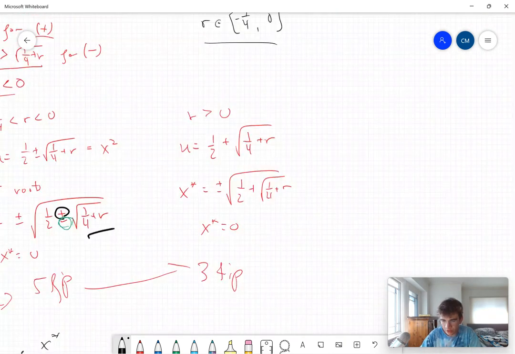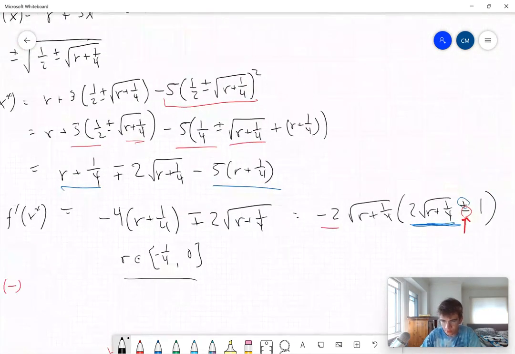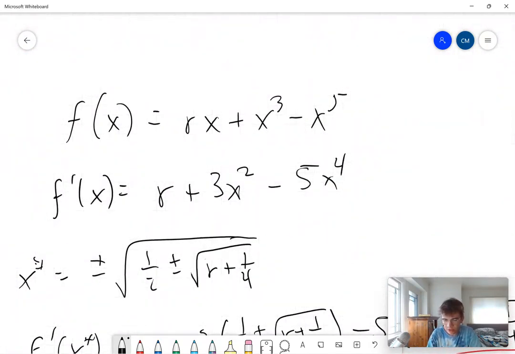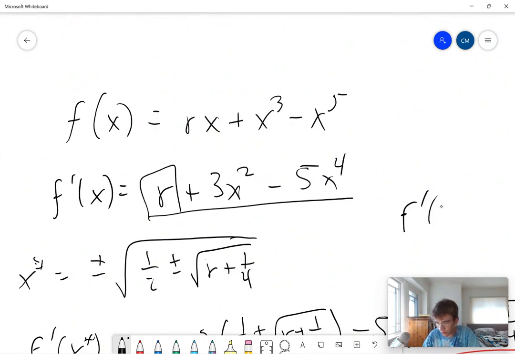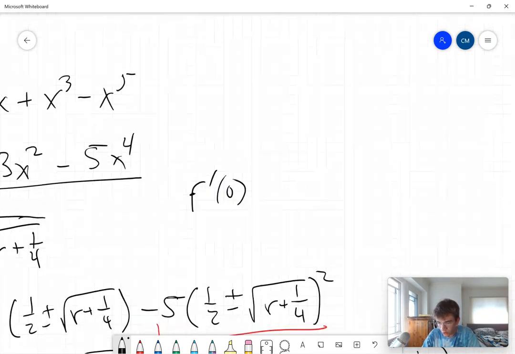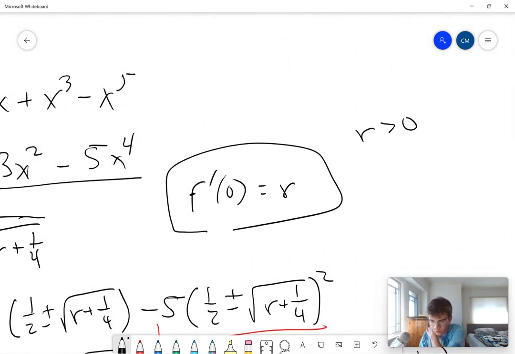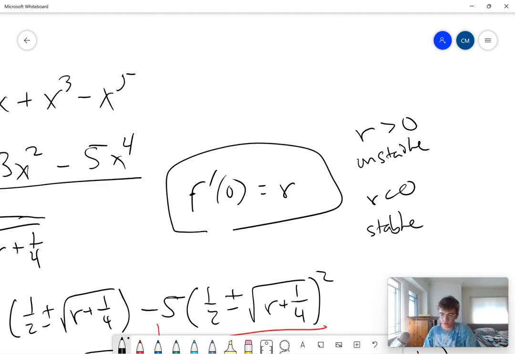We look at f prime of x. Let's find it. So we just look at f prime of x and we plug in x equals 0 here, and we just get r. So f prime of 0 is equal to r. And therefore, we have for r greater than 0, the origin is unstable. And when r is less than 0, the origin is stable. Okay.